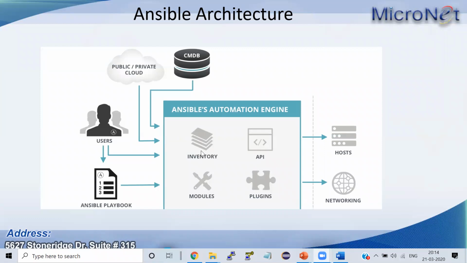Once you install the Ansible software, it will have an Ansible inventory file into which you can go and add the hosts to which you want to push packages. You can also have modules. Modules are specific packages. For example, if you want to push some service package, or update some specific details, everything is categorized into modules. And plugins help you to easily manage your modules.